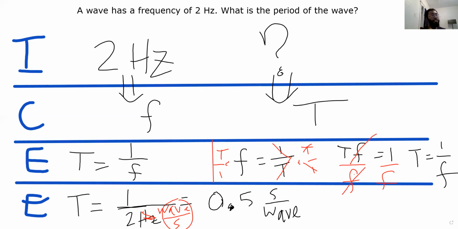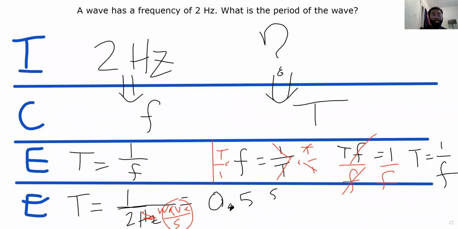So whenever we go to write our final answer, we want to erase it or remove it or replace it with something else. So here, we're going to remove wave, because it's not an actual unit that we need to have there. It's just a placeholder for us.